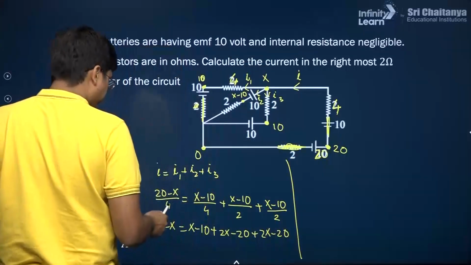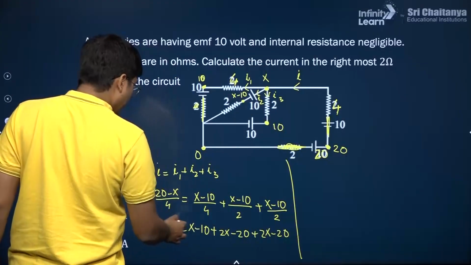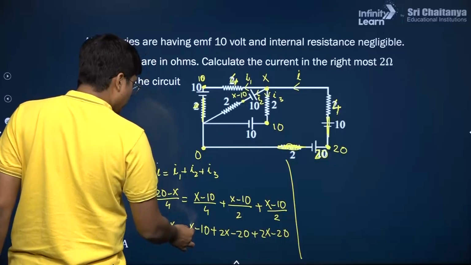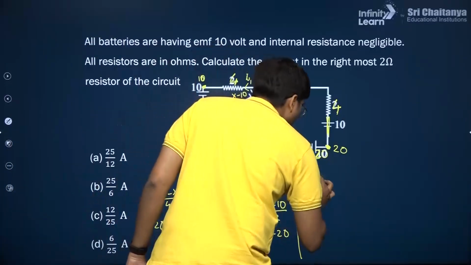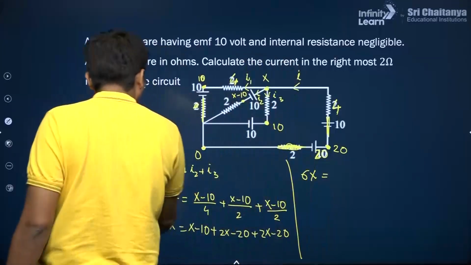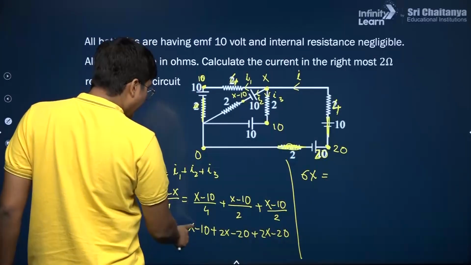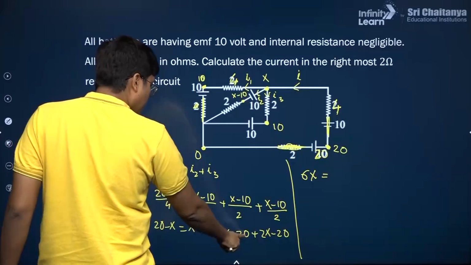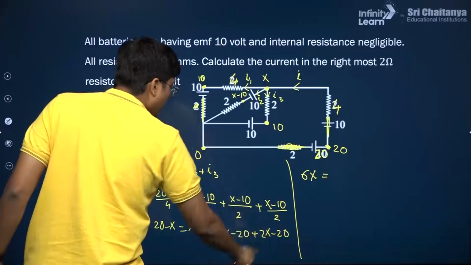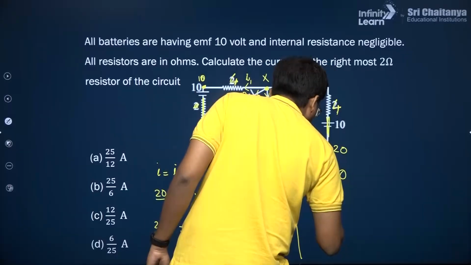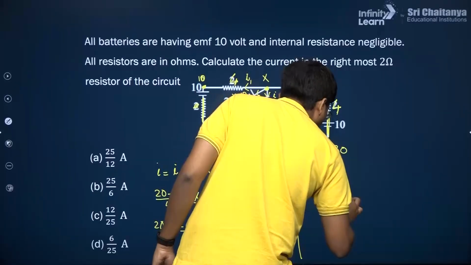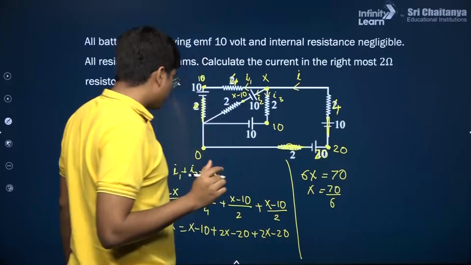Bring the x this side, you have x plus x 2x, 4x, 6x. So 6x is equal to, bring all the numbers this side, 20 plus 10 is 30, plus 20 is 50, plus 20 is 70. So x is equal to 70 by 6.